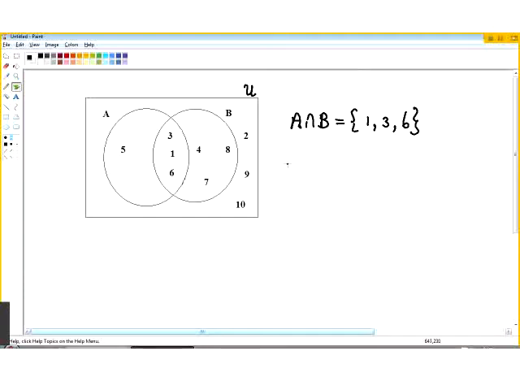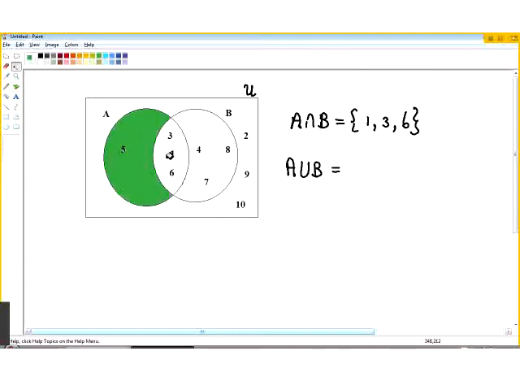Okay. If asked A union B, we're looking at taking all the elements of A and all the elements of B and joining them together. Let's highlight the regions that we're referring to.